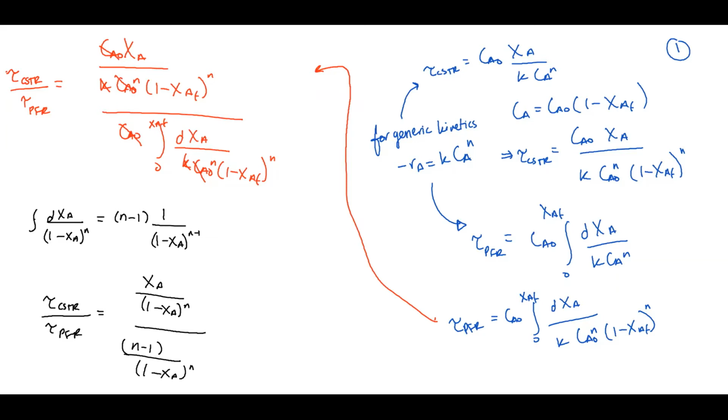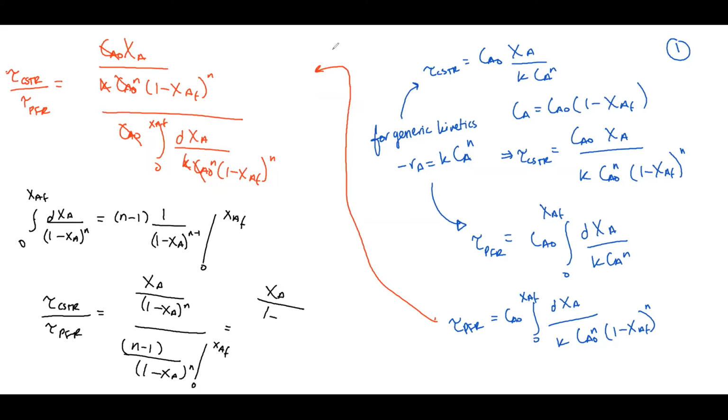Here we go. We forgot one thing here. If I'm integrating this from 0 to XAF, I need to plug in the limits. So if I plug in the limits, let's finish our work here.